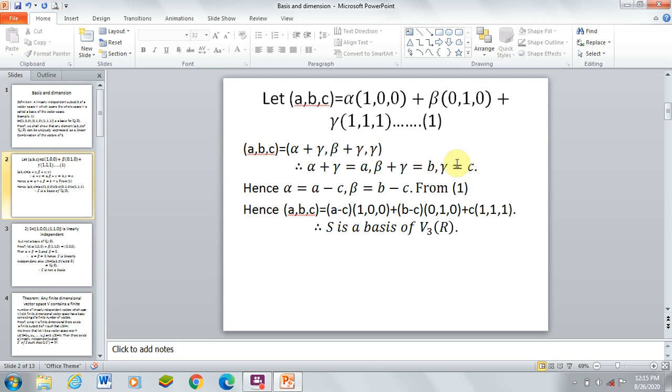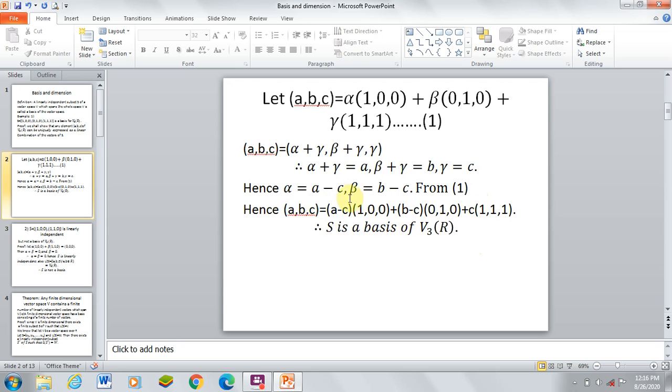Substitute gamma equal to c in these two equations. Hence, we get alpha equal to a minus c and beta equal to b minus c. From equation 1, we substitute the values of alpha and beta. Therefore, (a, b, c) equal to (a minus c) into (1, 0, 0) plus (b minus c) into (0, 1, 0) plus c into (1, 1, 1).